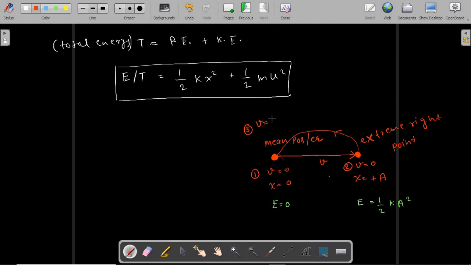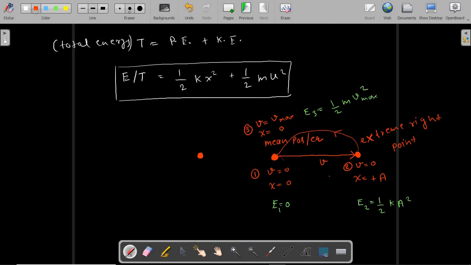Velocity will be maximum here, which is why it can go to the left side. When it is coming from the right side, it has velocity and x is 0. So E3 will be half m v max squared.